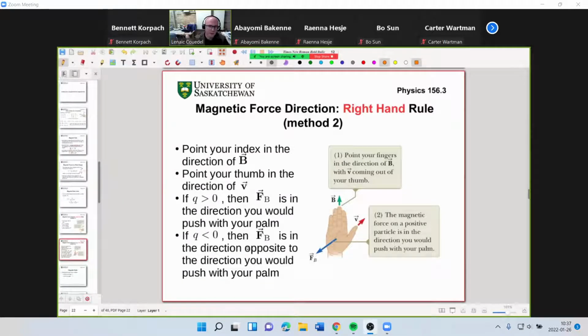I mean, with the right hand rule, you cannot calculate the magnitude of the final vector, but you already have the answer about the direction. So that's a very quick way to get at least half of the answer without doing any sort of math. Okay?